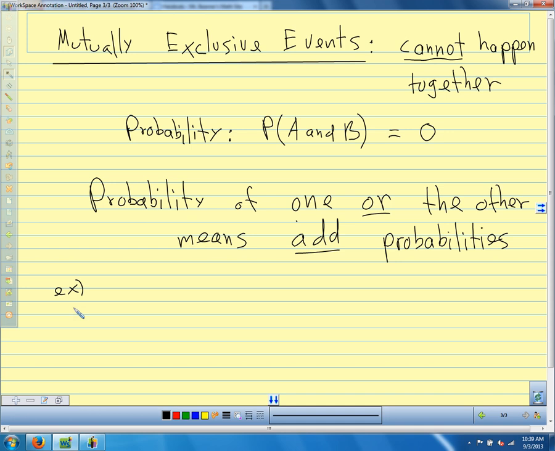So for my example, we have a bag with 4 red, 6 blue, and 5 green marbles. When we talk about probabilities, bags of marbles come up often.